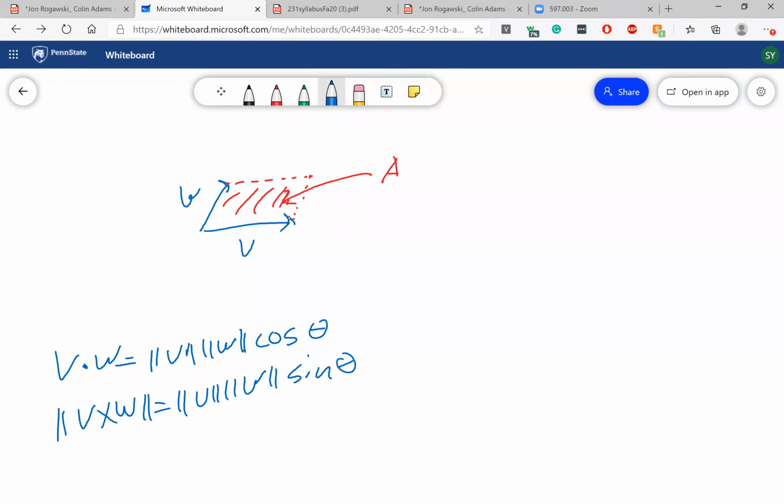So in order to find the area of this parallelogram, the area, so let's call it A1, is equal to the base, which is the magnitude of V, times the height.